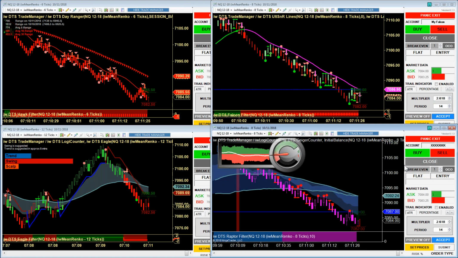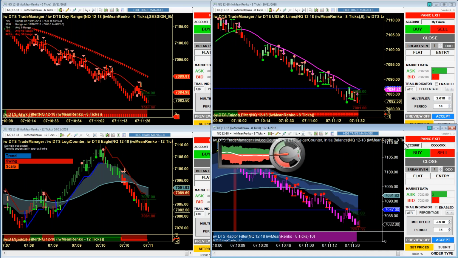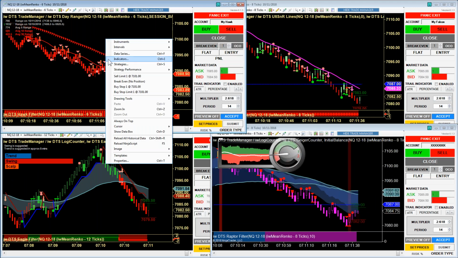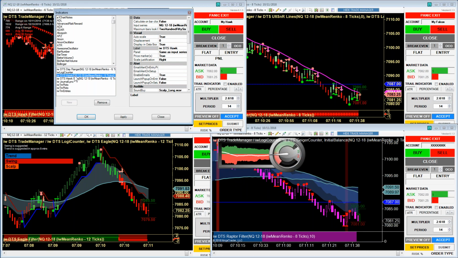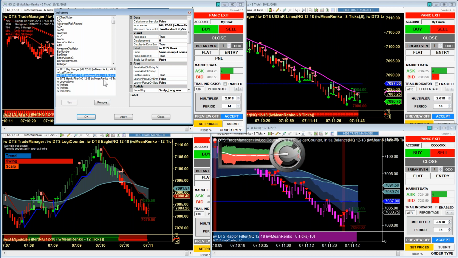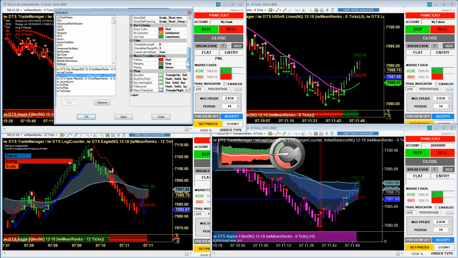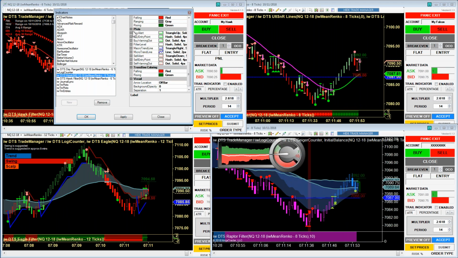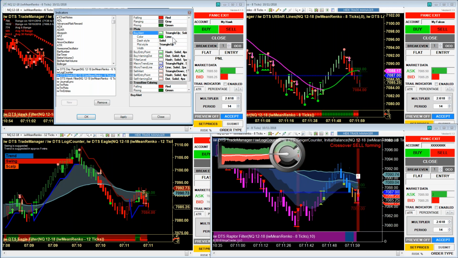Vincent asks, how can I get my DTS charts to look like yours? Well, I did change some of the colors. While we're waiting for things to simmer down here a little bit, here on the Hawk, if you go into your colors, I changed my buy alert to lime and my sell alerts to light coral.